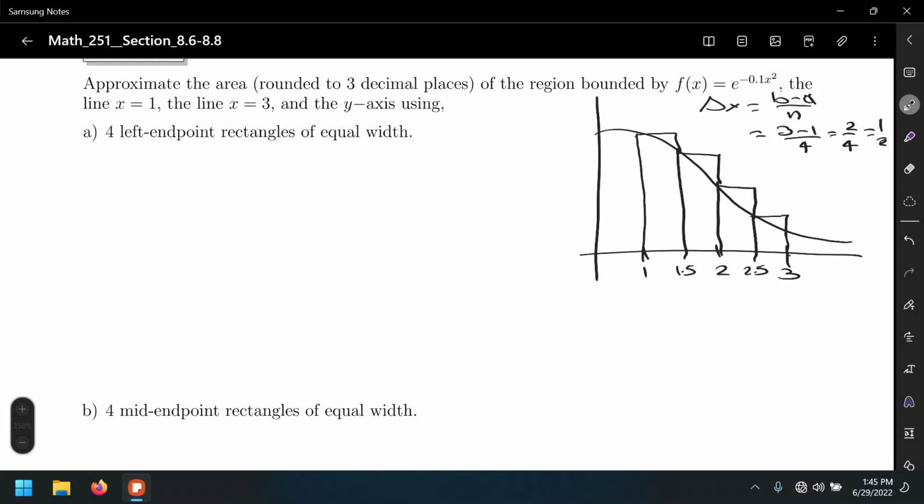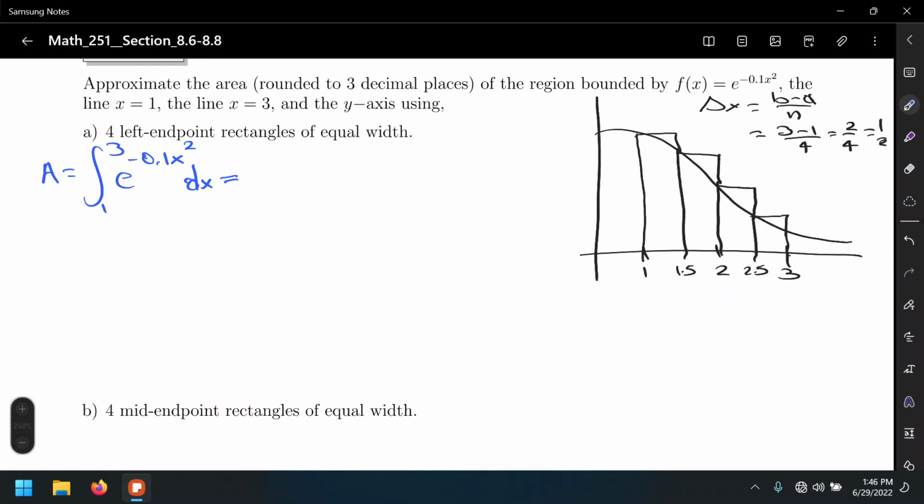What we're going to do to find the area, that means integrate from 1 to 3 of e to the negative 0.1 x squared dx. In this case we cannot evaluate the integral, so we're going to find the area of every single rectangle.